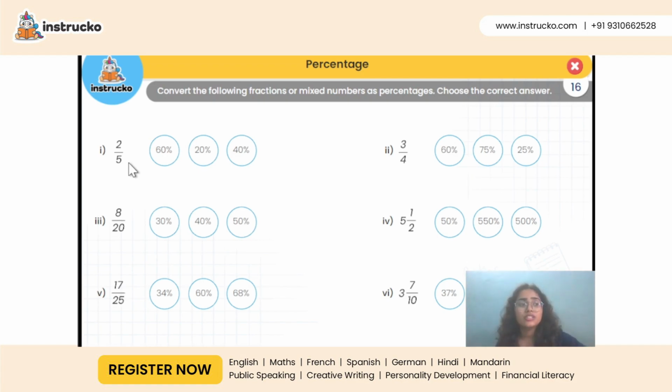Now, since we are multiplying 5 by 20, we will also need to multiply 2 by 20, right? So it will be 2 multiplied by 20 and 5 multiplied by 20, which will give us 40 upon 100. I hope you're with me on that. This will give us 40 upon 100.